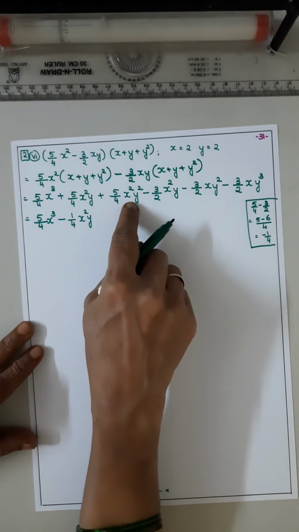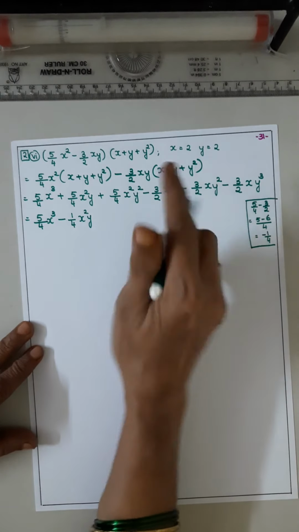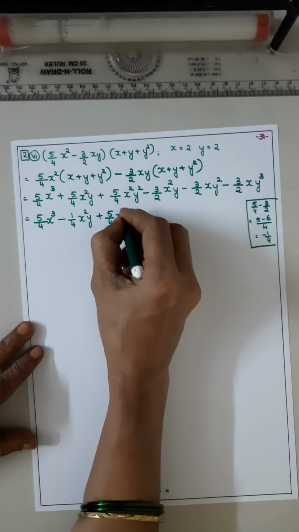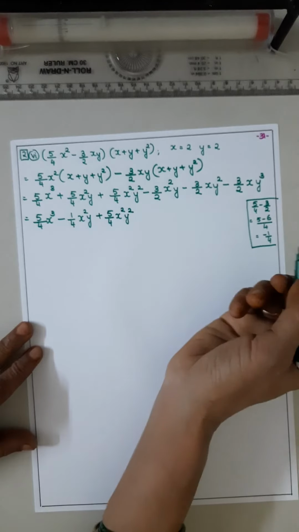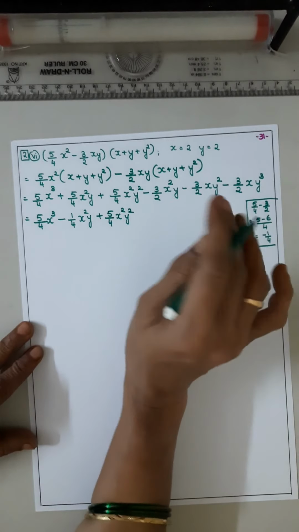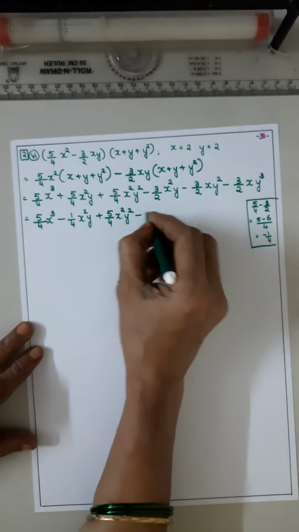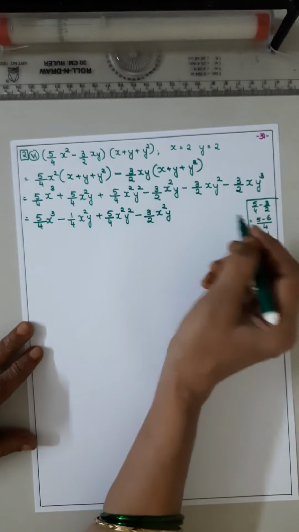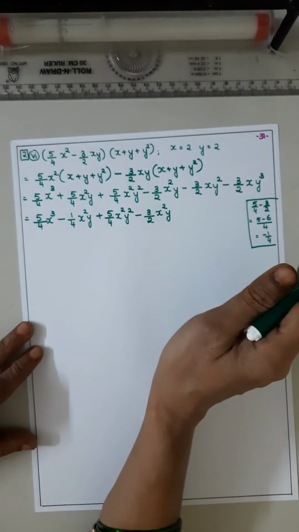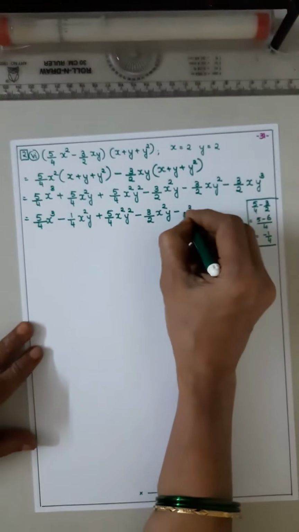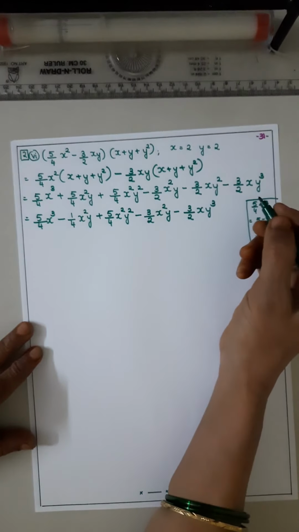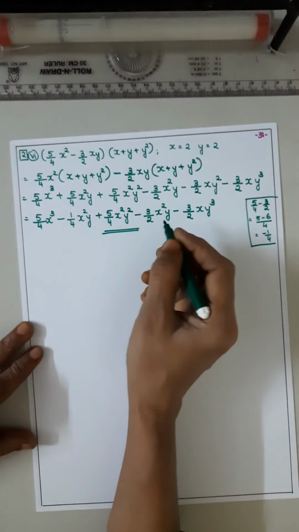Yes or no? So here it becomes minus 1 by 4 x squared y. Now x squared y squared, nothing is there, so write as it is 5 by 4 x squared y squared. Then x squared y only 1 is there, minus 3 by 2 x squared y. xy squared already we have solved. Now remaining is 3 by 2 xy cube. This is the final answer.